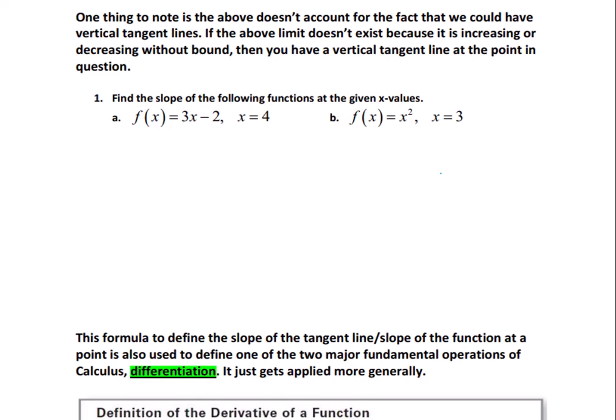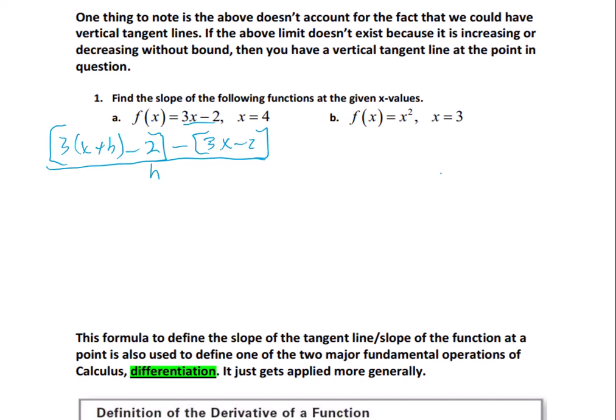So for the first one, our function is 3x minus 2. So every place I see an x, I'm going to put x plus h. So I've got 3 times x plus h minus 2. There's our y2 minus our y1, all that's over h.